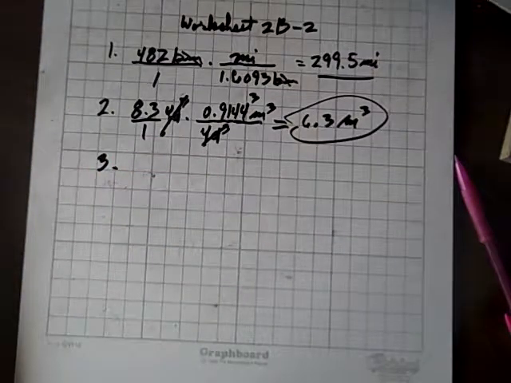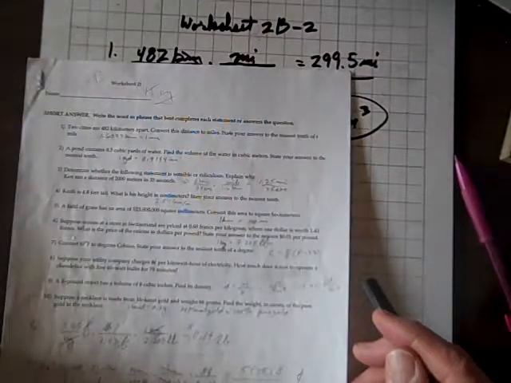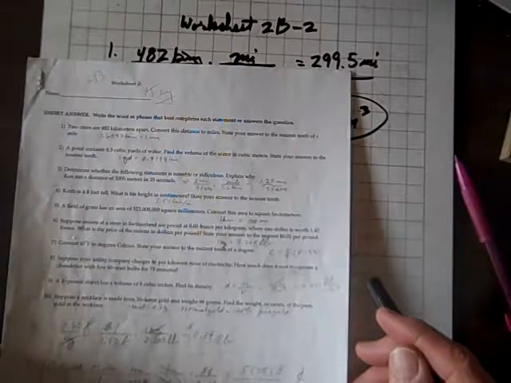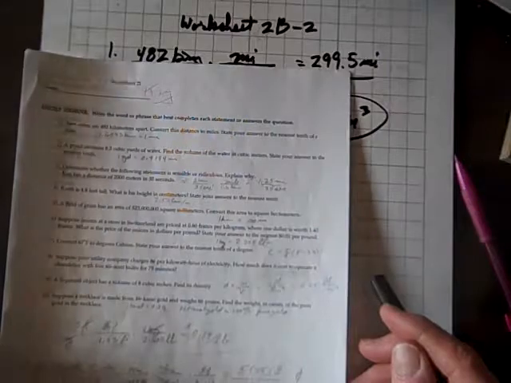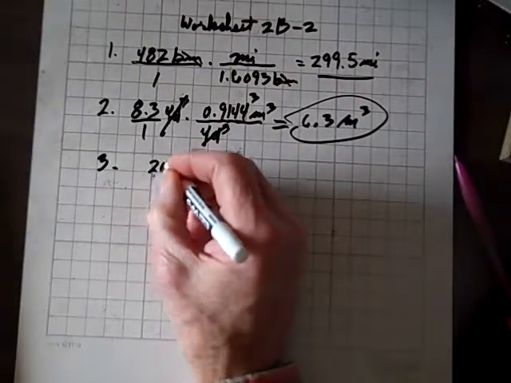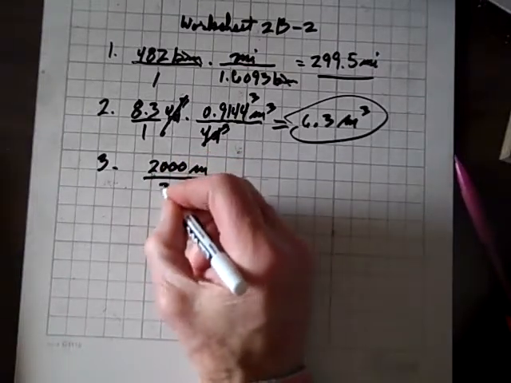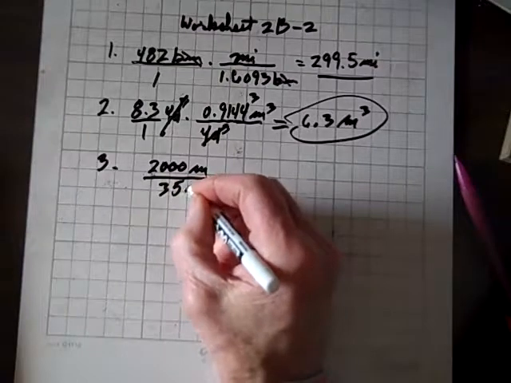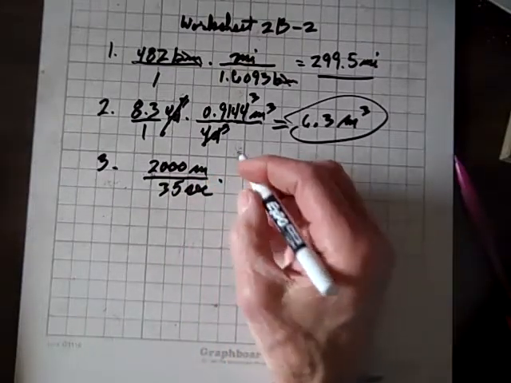And 3 wants us to determine whether this makes sense. Ken ran a distance of 2,000 meters in 35 seconds. Well, 2,000 meters over 35 seconds. And let's just convert meters to miles.